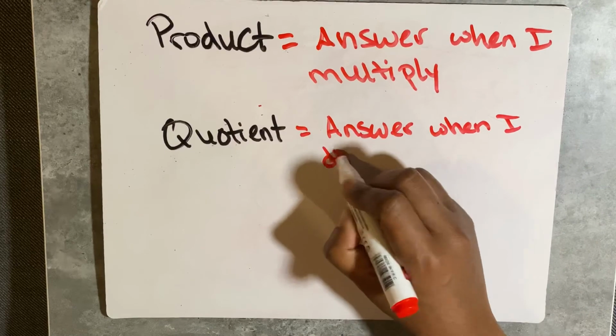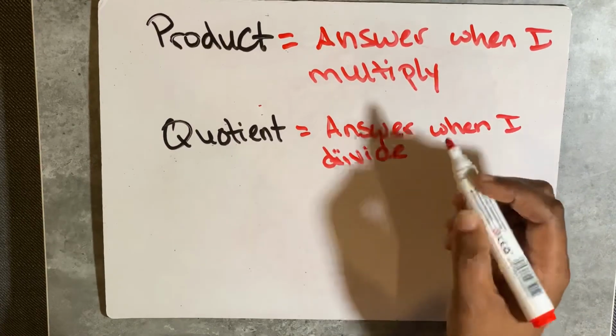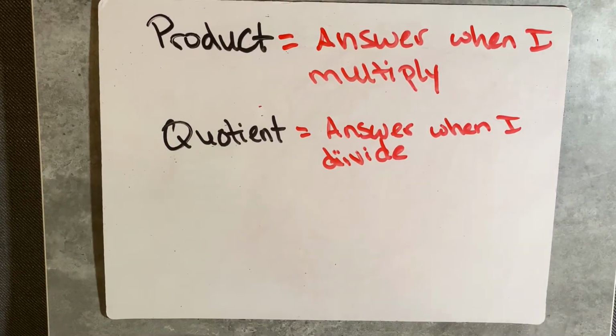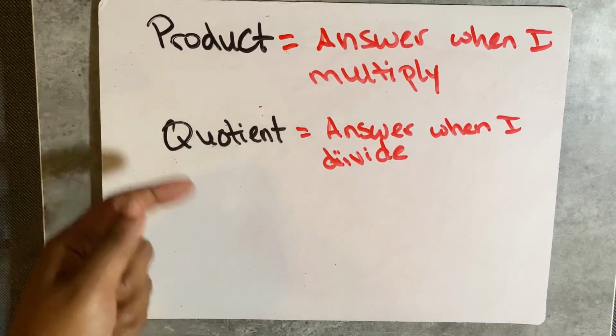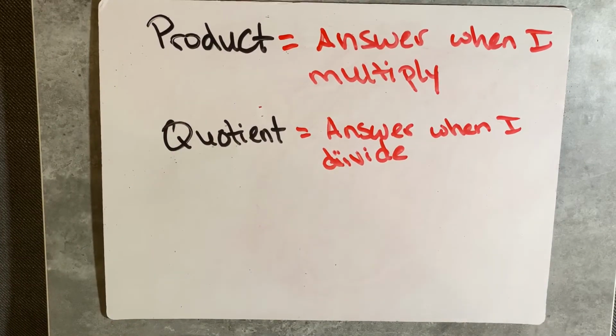That's the difference. So these are our academic words. So if we were at school and we have our word wall, these 2 words would be on our word wall with an example, because these are words you need to understand and you need to know what they mean. The product is the answer when I multiply, and the quotient is the answer when I divide. You need to know what these words mean, okay?